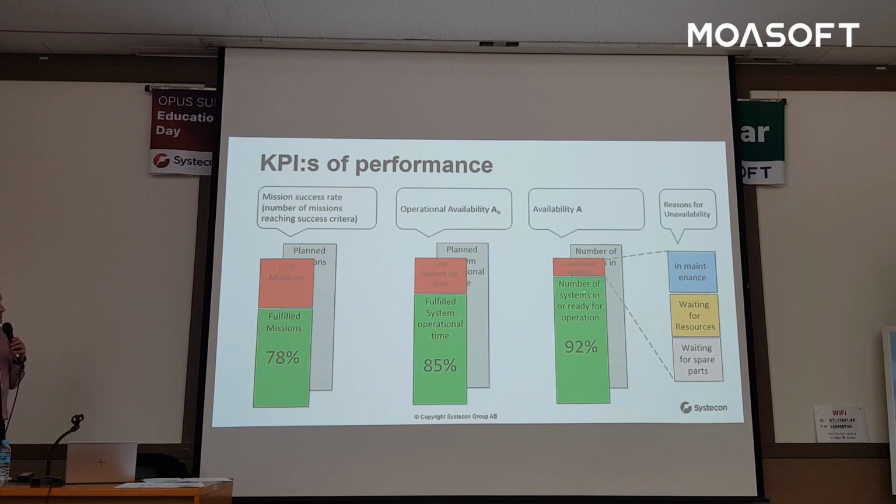That doesn't say how much we actually operate, but this is important. We compared this before, saying that this is the operational readiness, but this is more the system or fleet readiness. That can be much higher, of course, but if you are not requesting any missions, maybe then we have more availability as well. And at the end, we have the reasons for unavailability that we've been looking at before as well.